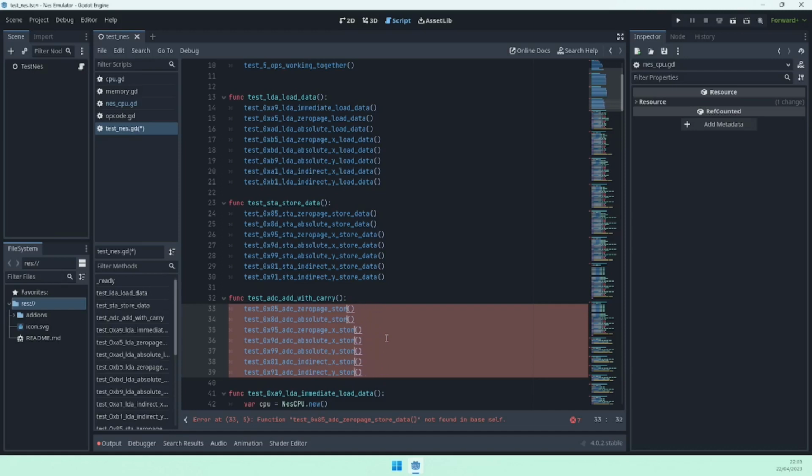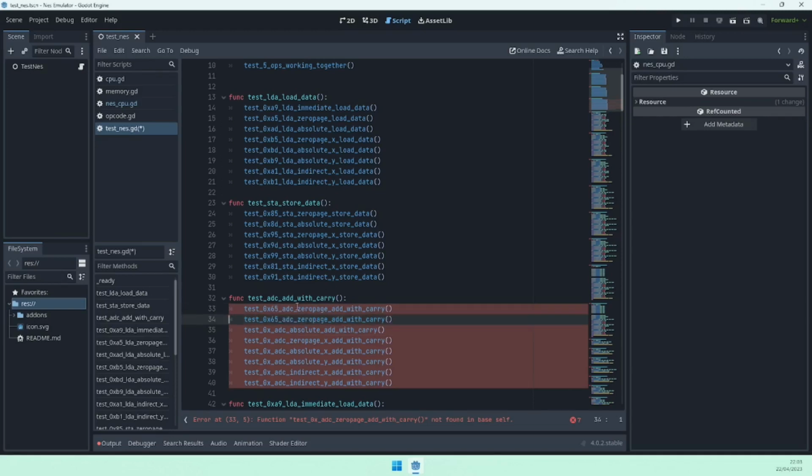This is not store data. This is add with carry. Let's see. So zero page is 65. Wait. Zero page is 65.